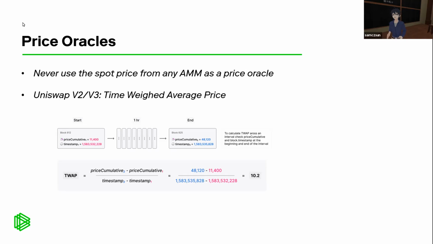So, if you want more resistance to manipulation, you can choose a longer time period. Of course, this means that your price won't react as quickly to volatile prices. So maybe you want a shorter time period instead, but of course that makes it more vulnerable to manipulation. And so ultimately it is still up to you to decide exactly how long you want that TWAP price period to be.